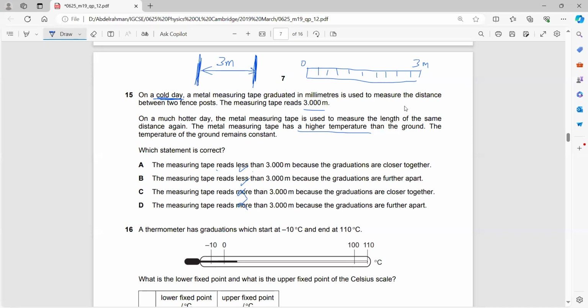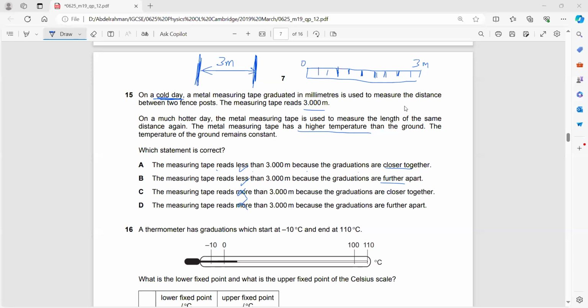How can I choose the right answer? Is it because the graduations are closer together, or because they're further apart? When it expands, what happens to the distance between each two graduations? It gets further apart.